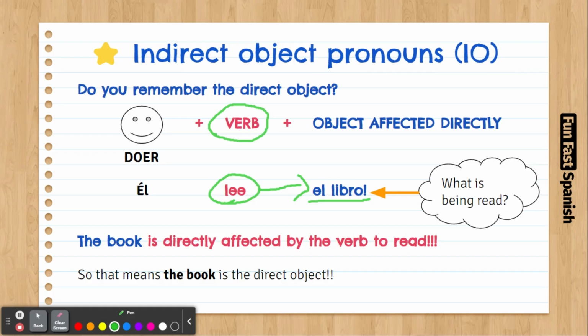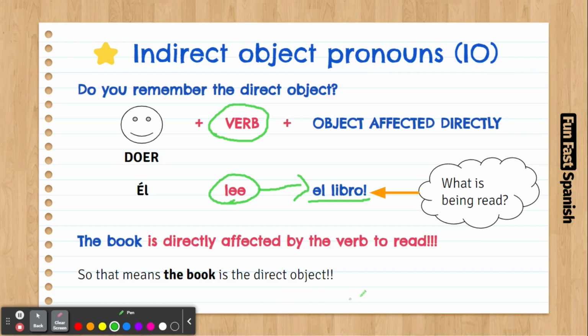Let's say I bought a TV. I bought it. What was bought? The TV. So the TV is the direct object, because it's directly affected by the verb to buy. Likewise, the book is directly affected by the verb to read. So the book is the direct object.